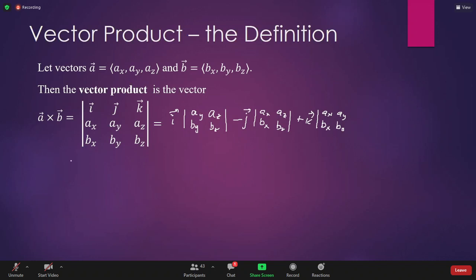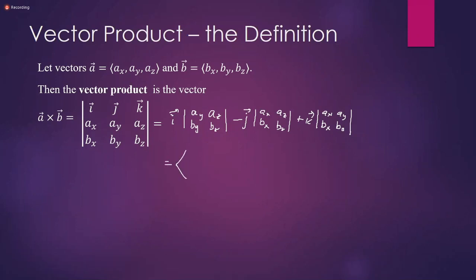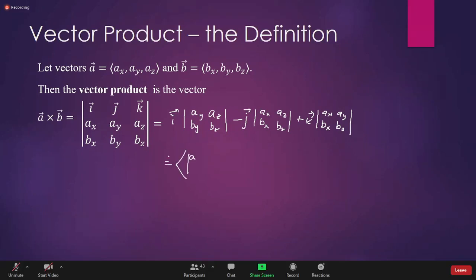I realize very well that this is something. If you want to write it as a single formula, you could of course also open these determinants. But in principle, what we see is that the vector product is a vector whose coordinates are the cofactors of the elements of the first row of the determinant. So we could say that the vector product is actually the vector that has coordinates these determinants, these minors.